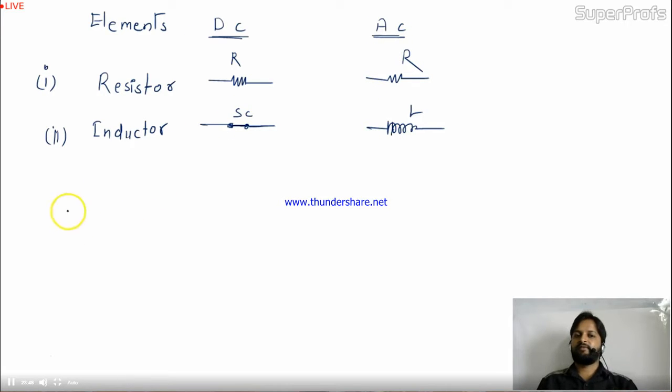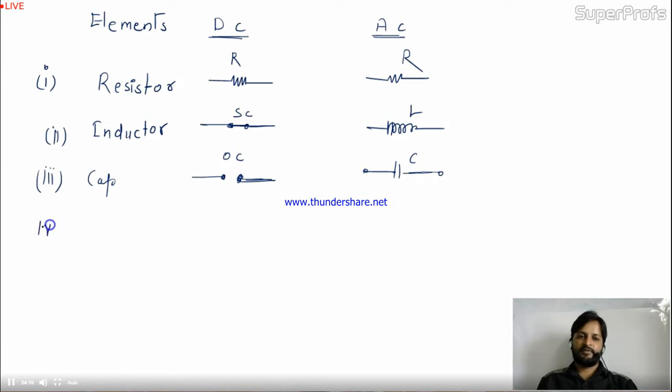For the DC circuit, it will be a short circuit. Now come to the capacitor. For DC, the capacitor acts like an open circuit, if you remember this. And for AC, it will work like the capacitor itself.